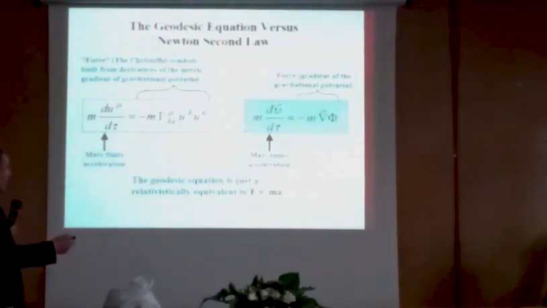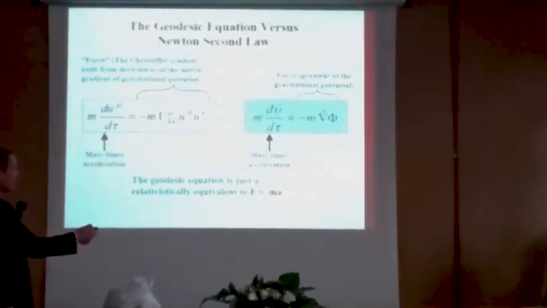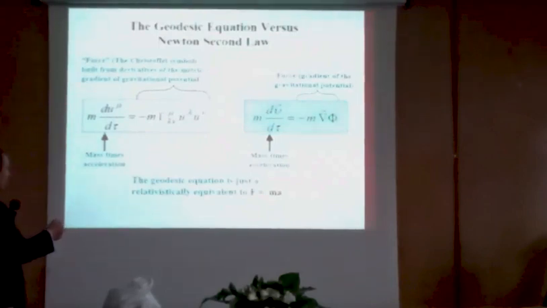Here I have a potential, and here I have this quantity. So this quantity is equivalent to the potential in Newtonian mechanics. This quantity depends upon the curvature of space-time and the four-velocity.